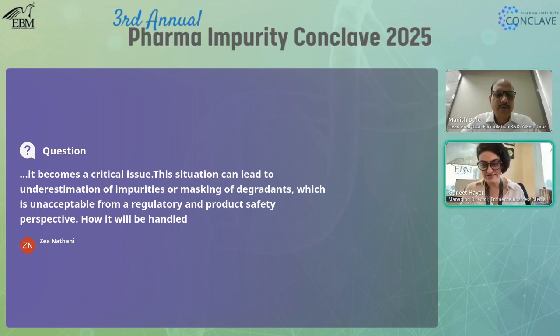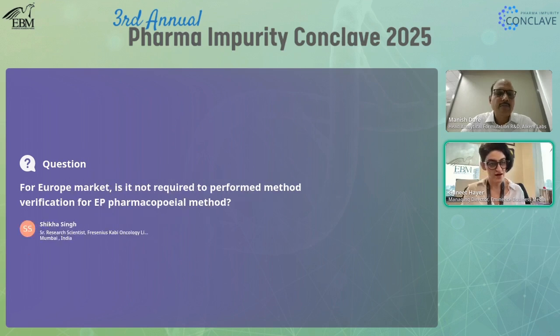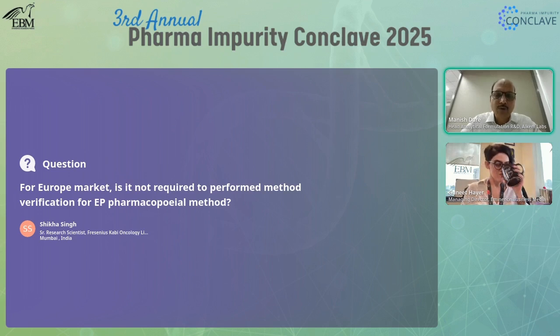Thank you very much. The next question is from Shikha. She's asking, for the Europe market, is it not required to perform method validation for EP pharmacopoeia methods? Yes, actually in the Europe market, if the monograph is available in the European Pharmacopoeia, then the CEP gets approved, and they required only a certificate of analysis.